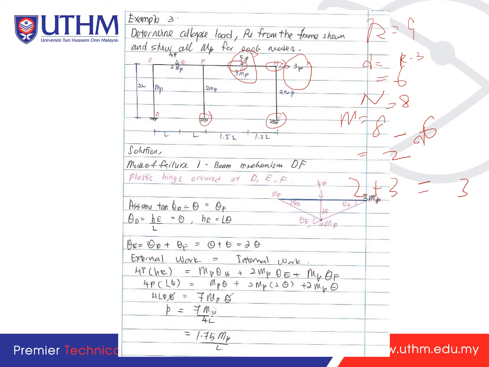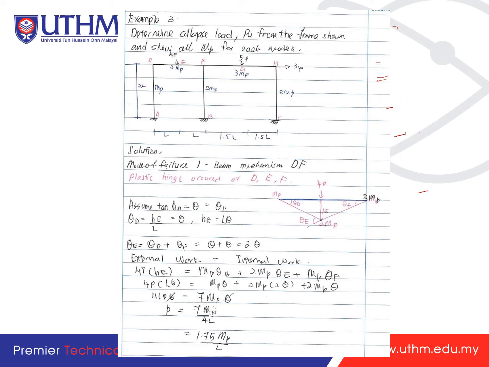Because for the beam analysis, we have to calculate one by one. First we will calculate this part of mode of failure, the F1, followed by mode of failure 2, which is caused by the 5P, and then the third one we have to calculate is caused by the 3P.